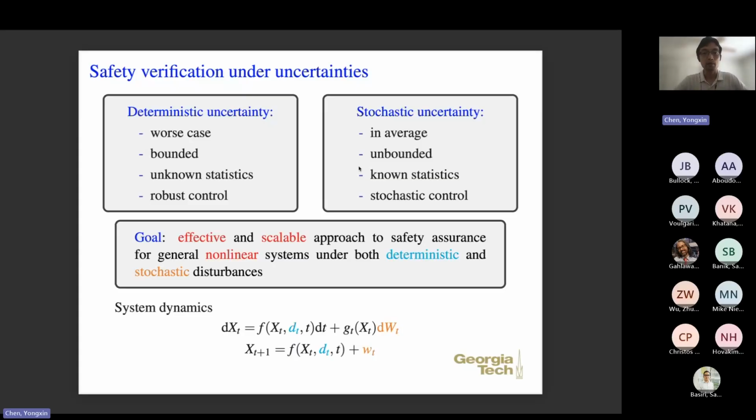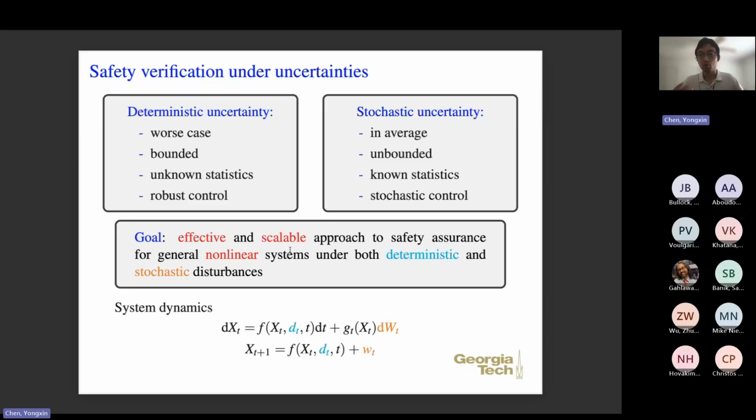So this is the goal of our work. We would like to have an effective and scalable approach to safety assurance for general nonlinear systems, with both deterministic and stochastic uncertainty. These are the two typical models we would consider.